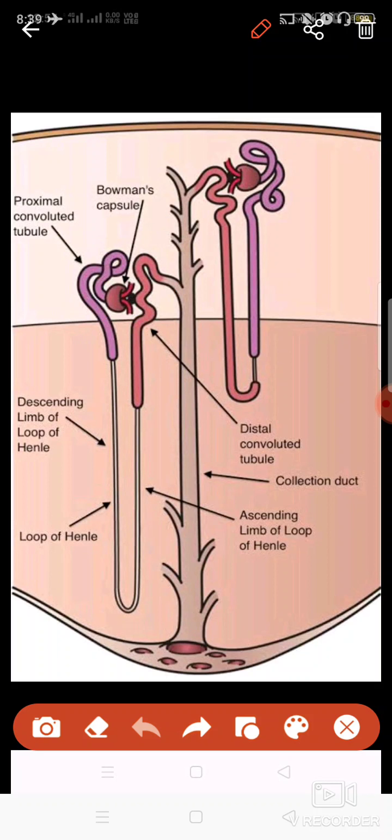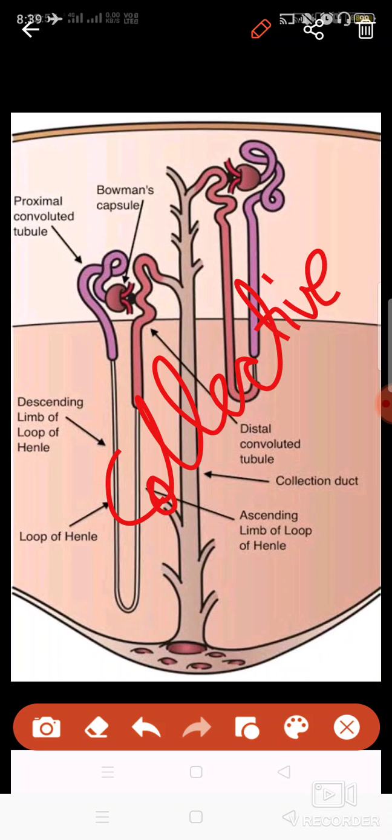This Bowman's capsule is connected to so many tubules, in which the first part is known as proximal convoluted tubule, the second one is known as loop of Henle, the third one is known as distal convoluted tubule, and the last one is known as collective duct. It is not collection duct, it is collective duct.